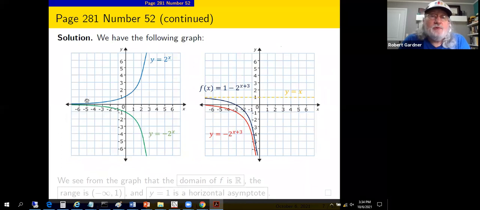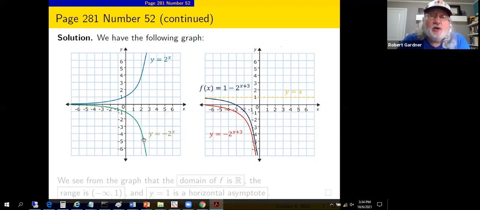Okay, here's the y equals 2 to the x in blue. Reflect about the x-axis, flip it over. Produces something like this in green. Y equals -2 to the x. Next, we replaced x with x plus 3. That was a shift to the left by 3 units.